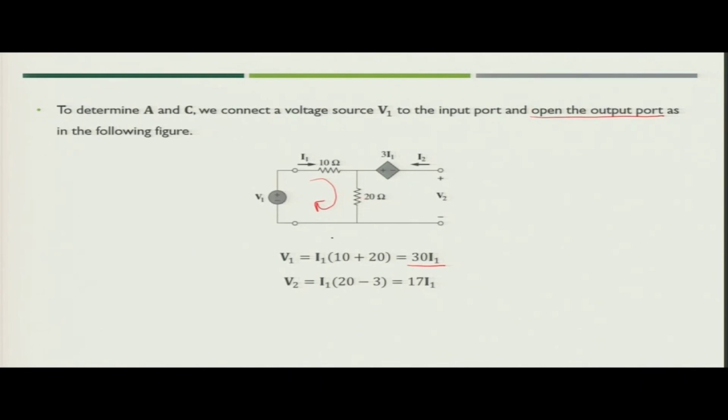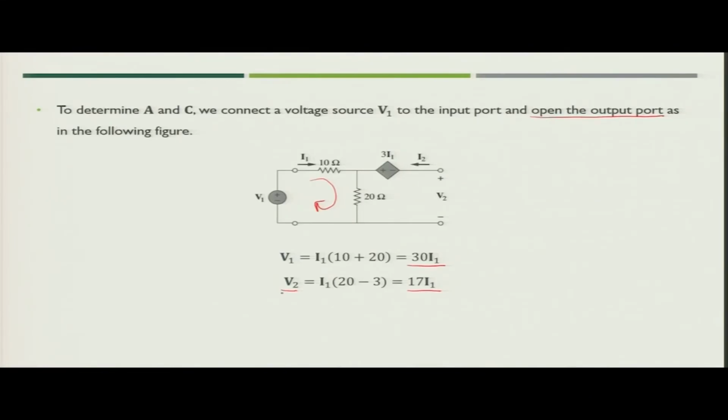In this 20 ohm resistance the current flowing is I1, so the voltage drop across 20 ohm will be 20 I1, and since the dependent voltage source is connected in opposite polarity with respect to V2, we write this voltage drop as minus 3 I1. I1 is common, we take it out, so it becomes 20 minus 3. So, V2 becomes 17 I1.